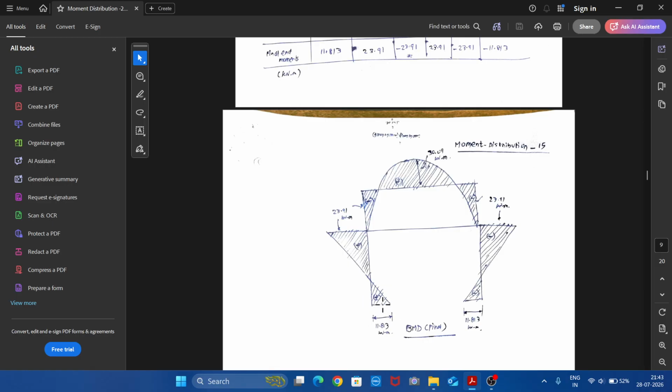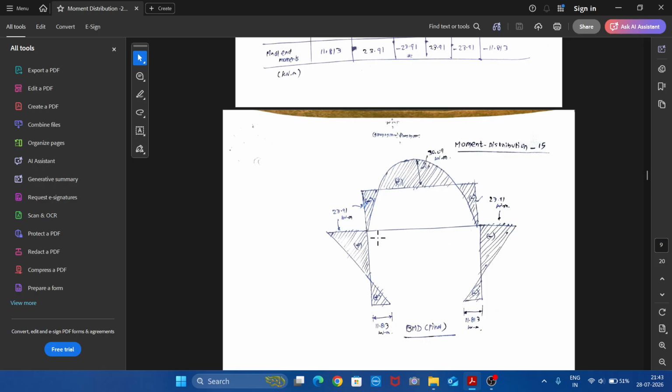Therefore, I have marked 11.813 here inside. Then coming to this point, we have plus 23.91. So we need to apply a clockwise moment standing here to this member AB. So this column will move out. So mark this 23.91 outside. Connect these two. So this completes the bending moment diagram for the column.